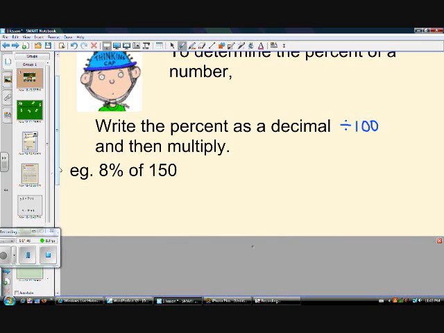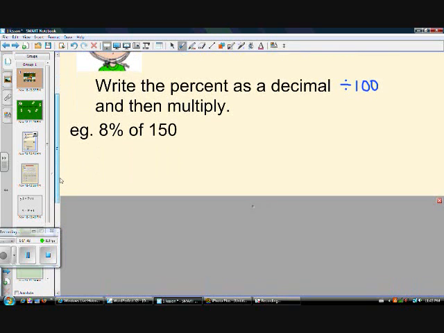If I asked us to find 8% of 150, according to this, I'm supposed to take my 8% and change it into a decimal. So 8 divided by 100, and I end up with 0.08. Now in mathematics, you maybe remember, of means times.